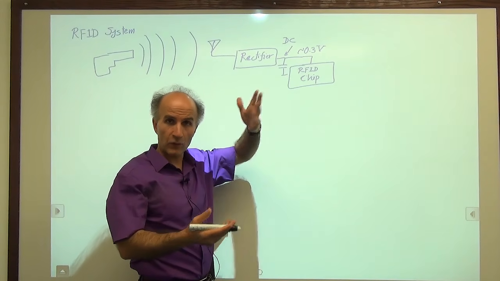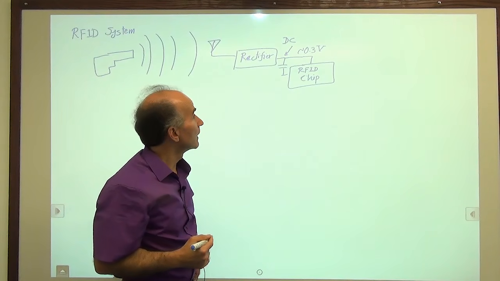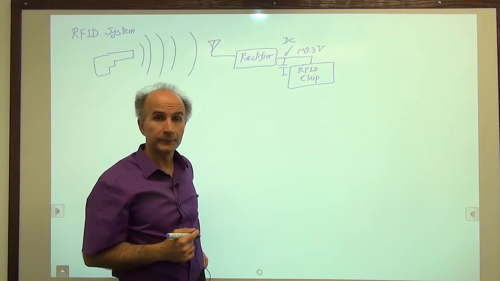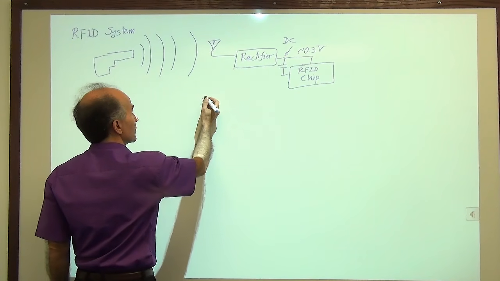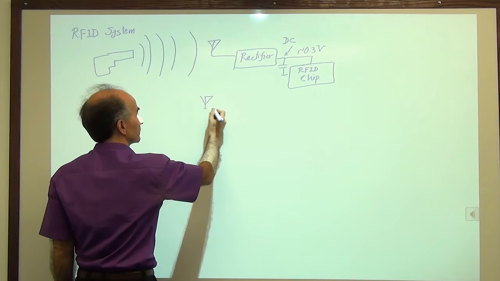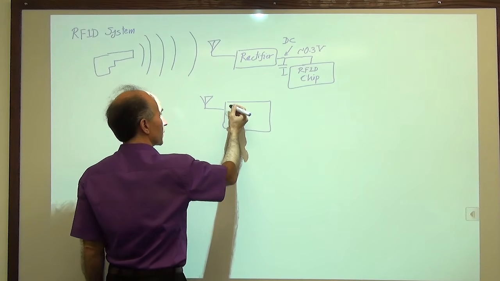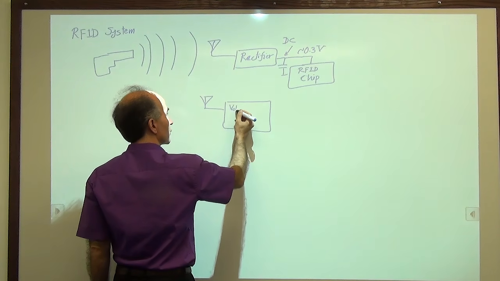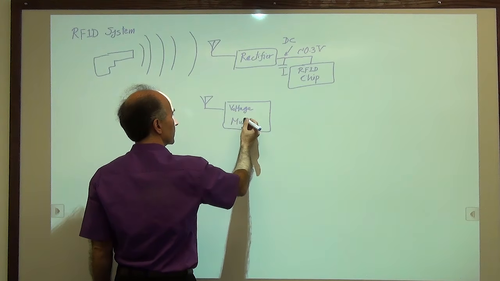This chip needs more than that, maybe 0.8, maybe 1 volt. So what's the solution? Well, this is what we will do. We're going to change this to something else. The rectifier is now replaced by what we call a voltage multiplier.